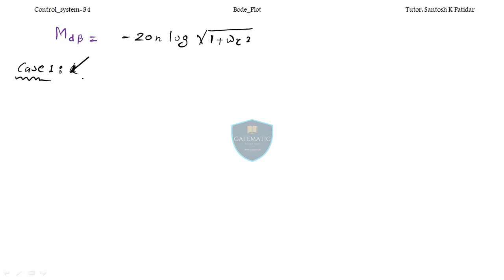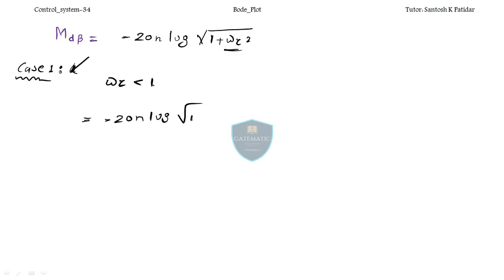So case number one is, if this omega tau is less than 1, what will be the scene? Can I neglect this? It will become minus 20n log under root of 1.